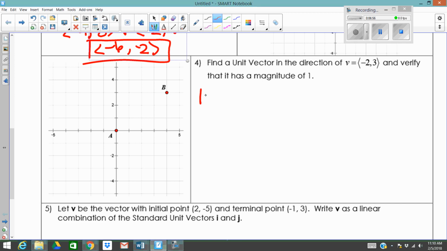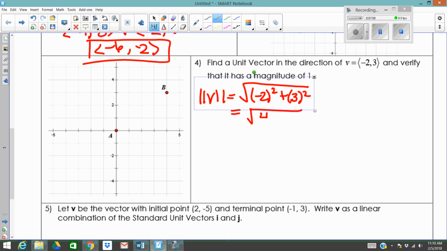So to find the magnitude of vector v, we take the square root of the horizontal component squared plus the vertical component squared, which ends up giving us the square root of 4 plus 9, which is the square root of 13. So my unit vector that's in the direction of vector v, we'll call that vector u, will be vector v divided by its magnitude.